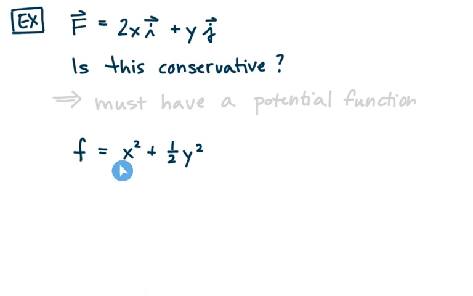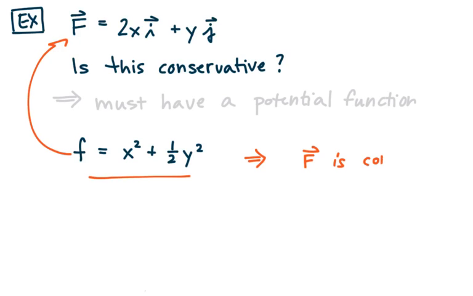The partial of the whole function with respect to y is going to give us y. So I've got an x term and a y term here. And because this works for both x and y, and this checks, I could take my partials and I would get that force field. Then we can say F is conservative.